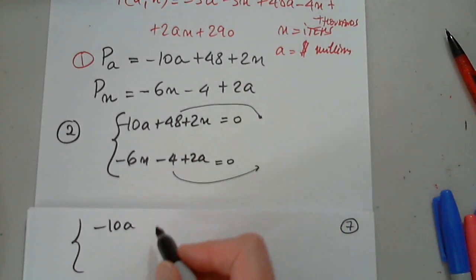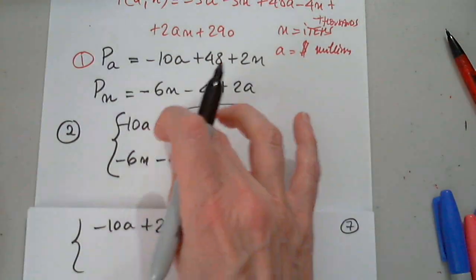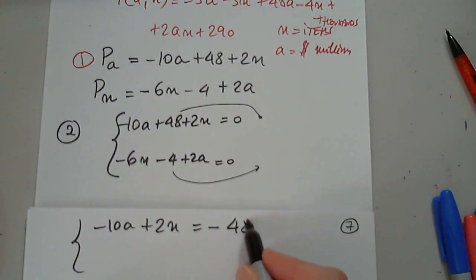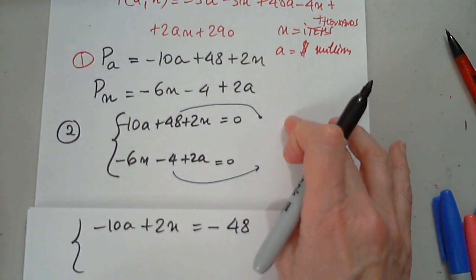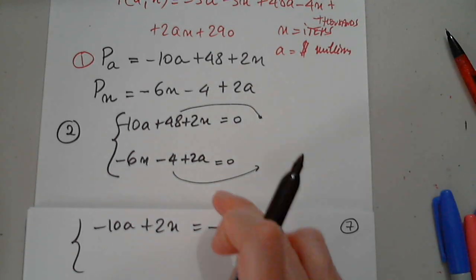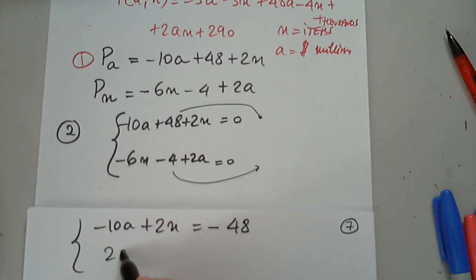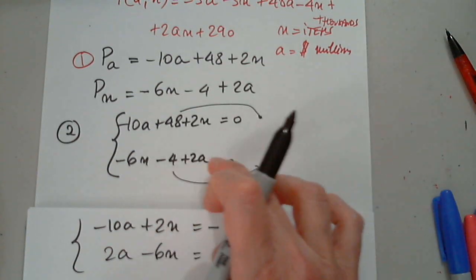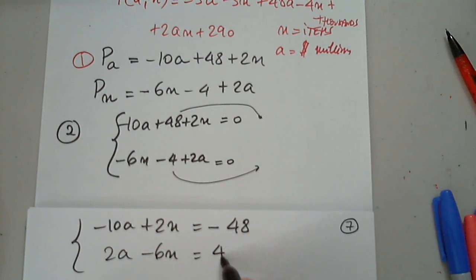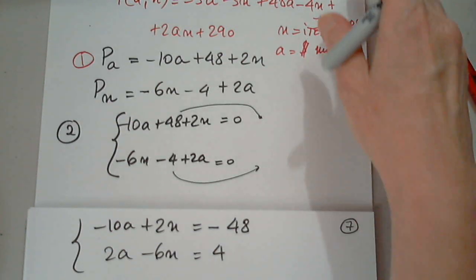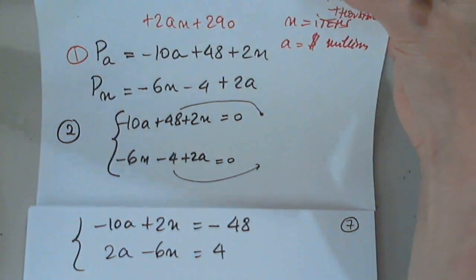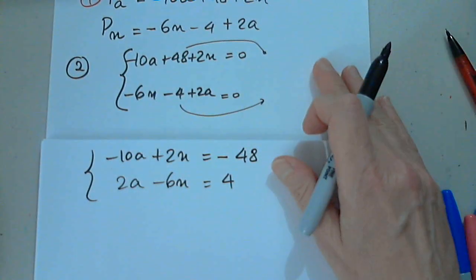Negative 10A plus 2N equals negative 48. We are moving one term from one side to the other, so we change its sign. Now, in correct order, 2A minus 6N, it was negative 4. I'm moving it to the other side, and it becomes positive 4. We can simplify both by 2. We can divide both by 2.